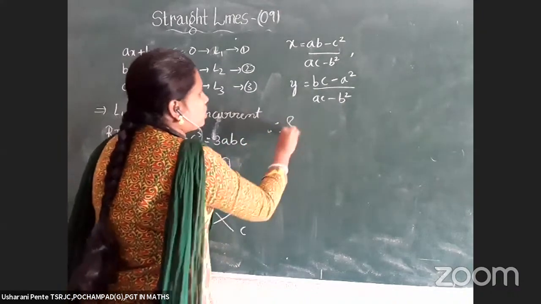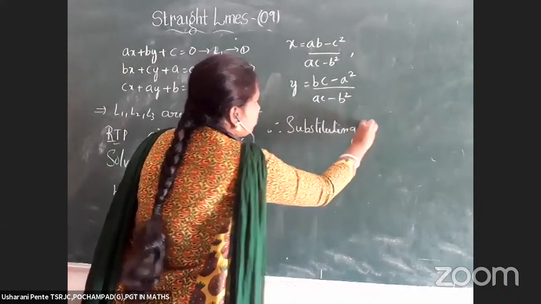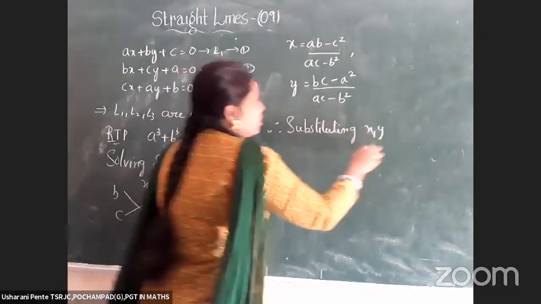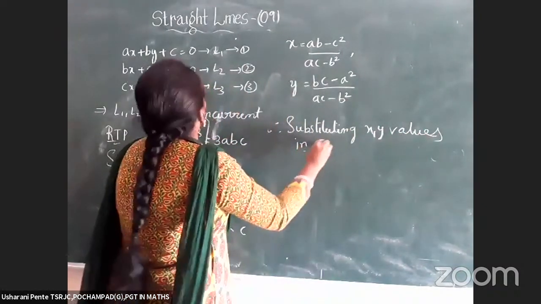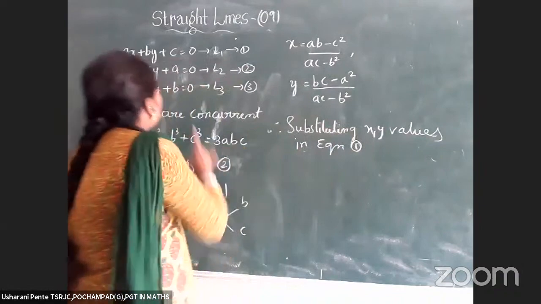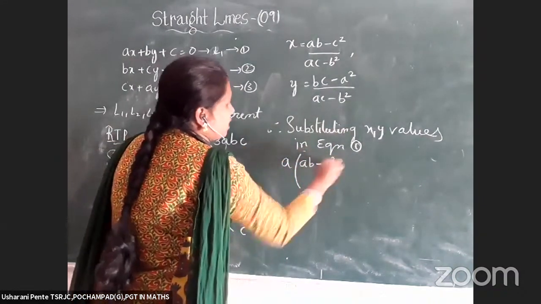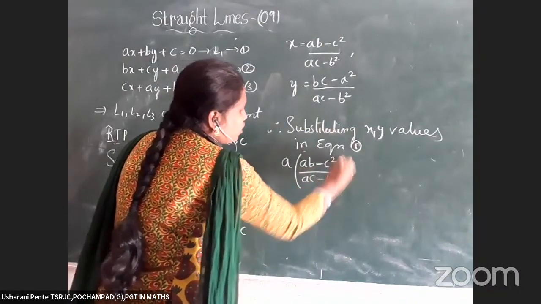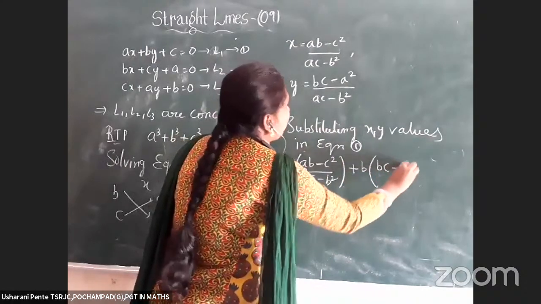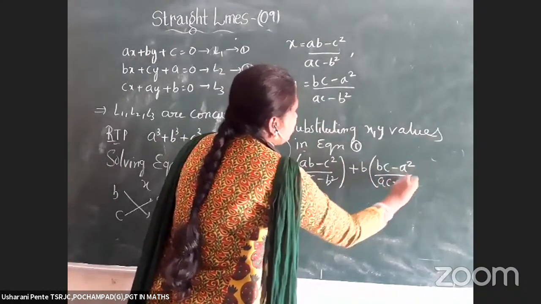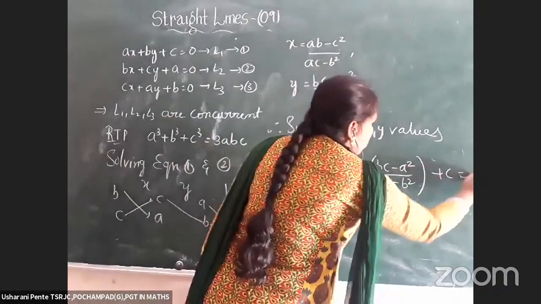Therefore, substituting the x, y values in equation 1, that is, A into (AB minus C square) by (AC minus B square), plus B into (BC minus A square) by (AC minus B square), plus C is equal to 0.